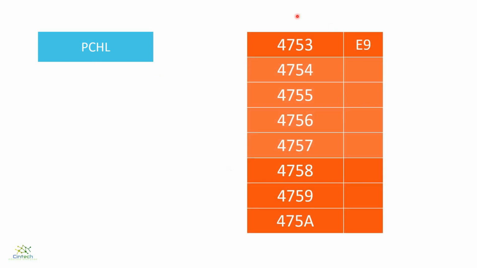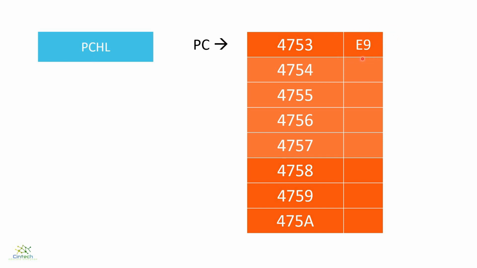Suppose this is your memory, some arbitrary block of memory, and currently PC, the program counter, is pointing to this arbitrary memory location 4753 hex, and hence the content of this particular memory location has to be fetched, decoded and executed by the MPU. Suppose in here you have some data like E9, and for your information, E9 happens to be the opcode for PCHL.